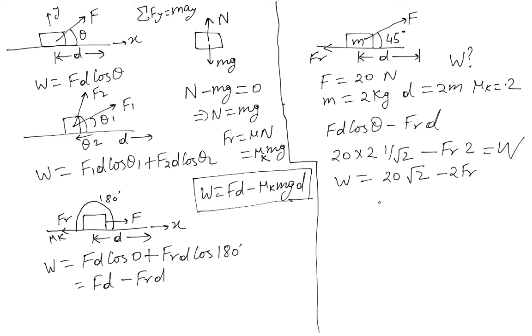Okay. Now what is Fr? You really cannot use the earlier expression for Fr now because things are different. To find Fr, again you have to make a free body diagram. You observe that there's a force of gravity acting downward and a normal reaction acting upward. But also you see this force is not aligned with any of the axes, which we assumed to be the x-axis and the y-axis.